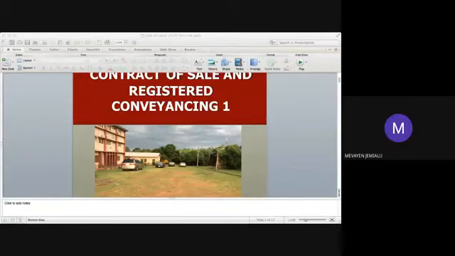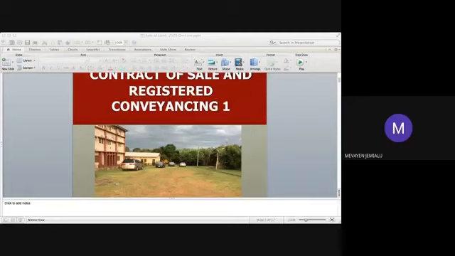Now, a sale of land transaction in Nigeria, we could broadly break into two stages for purposes of the documents to be drafted. The contract stage: at the end of that stage, when negotiations have been concluded and terms have been agreed upon, the document drafted is known as the Contract of Sale of Land Agreement, and the parties under that contract are referred to as the vendor and purchaser, or seller and buyer.